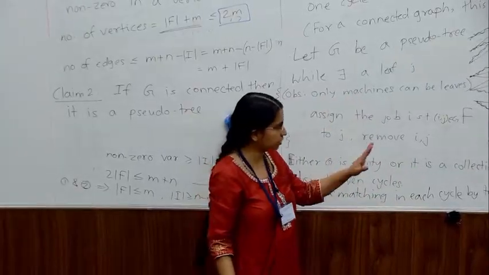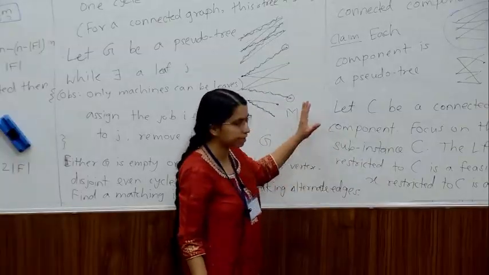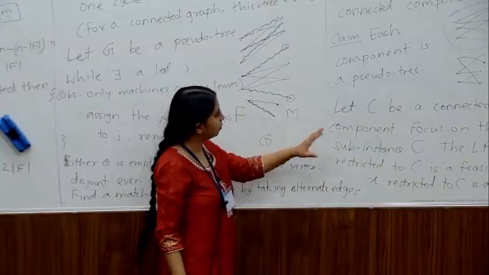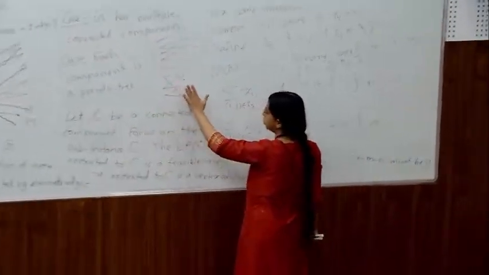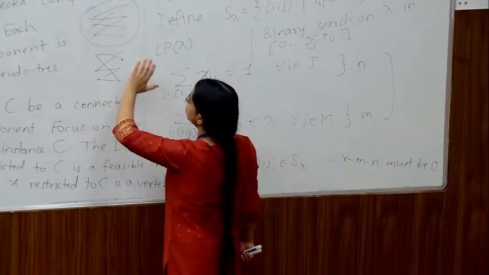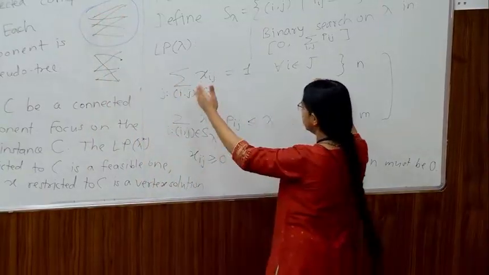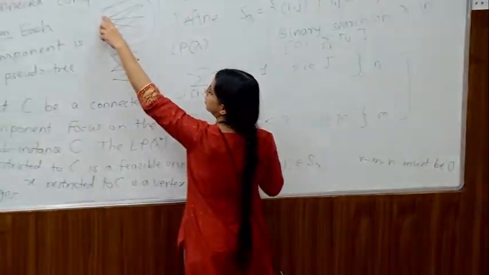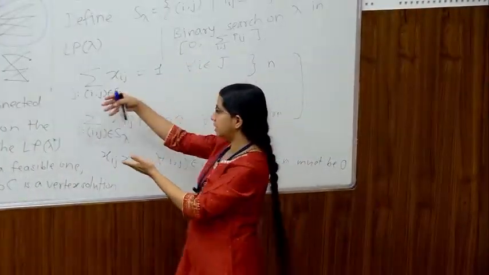I will clarify this part, so don't get lost here or think that I am doing something very difficult. All we are trying to say is that if this G is disconnected and has multiple connected components, then we will look at only this as our input, and say that the original LP with constraints restricted to only these jobs and these machines is still a feasible LP with the same value lambda star.